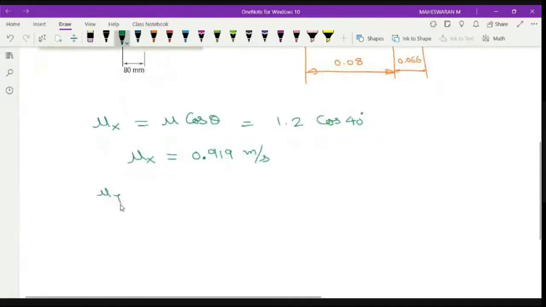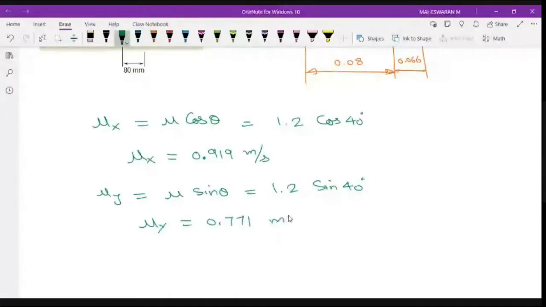Similarly, let us consider uy. So uy is u sine theta, which is 1.2 sine 40 degree. So what is your uy? 0.771 meter per second. Very good. So now I identify these two data. So let me proceed one by one.